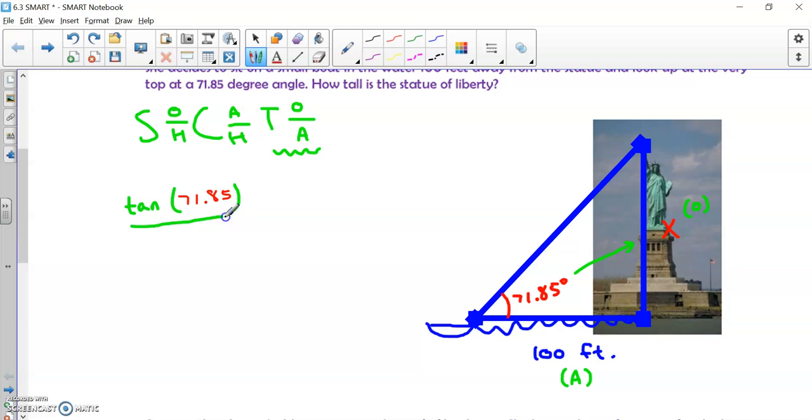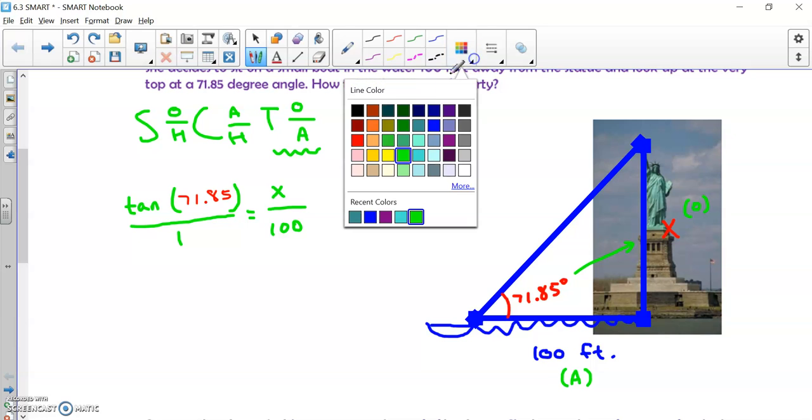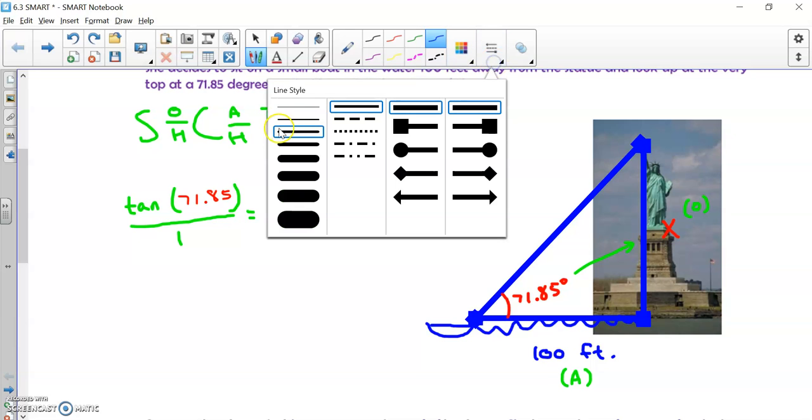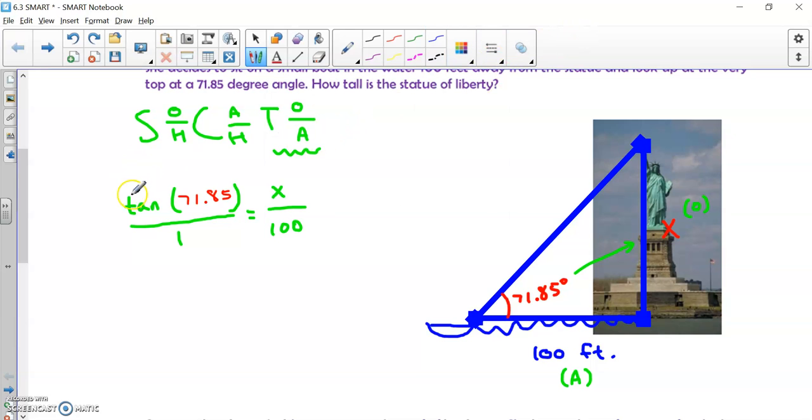Continuing on, the trig ratio fraction is always going to be over 1. And on the other side, we have our actual O over A. In our case, that's going to be X over 100, because our O is X and our A is 100. At this point, we are ready to solve this using cross multiplication.